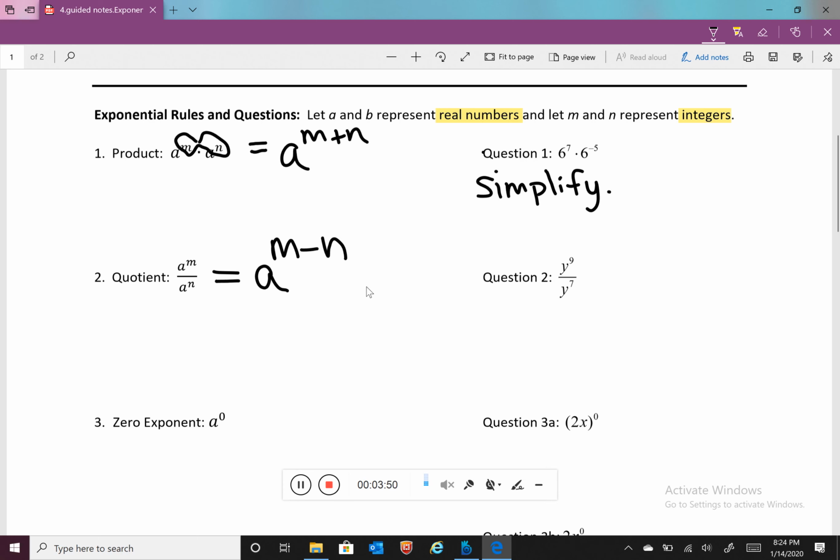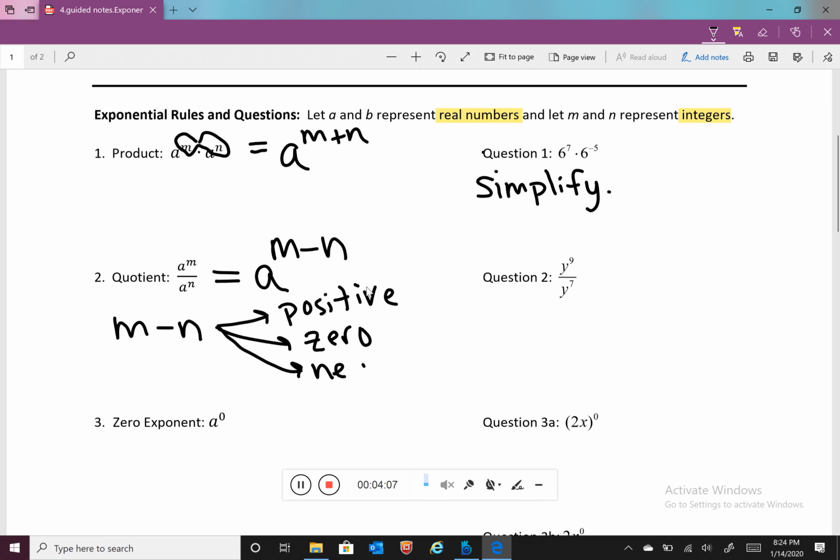Now a little bit of a note I want to make here. M minus N could be a positive number. It could be equal to 0, which is actually our next rule. Or it could be negative. And if it's negative, we cannot be done.